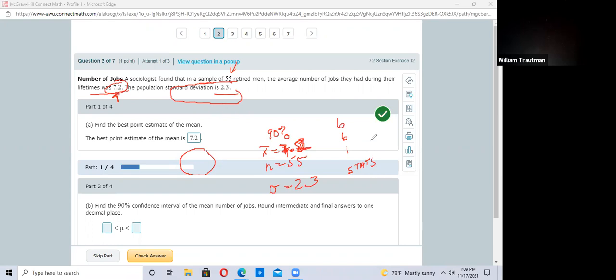Our N is 55, and our confidence level was 90%, 0.90. And this is my confidence interval, one decimal place, it says. So my confidence interval is 6.7 to 7.7.